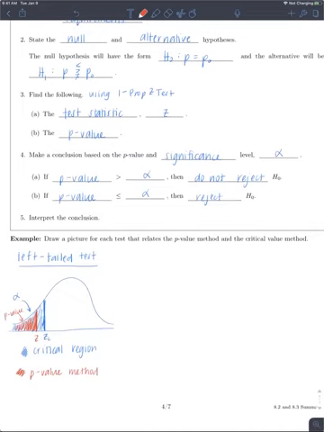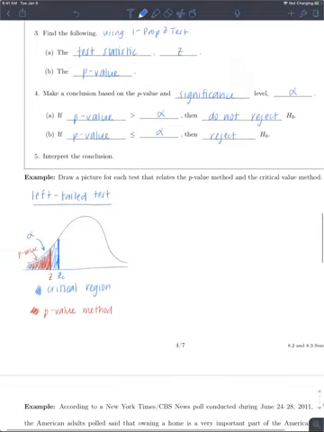So in this case, Z is in the critical region, so reject. For the p-value method, looking at it area-wise, you can see that the red part is smaller than the blue part, and so your p-value is less than alpha, so reject.